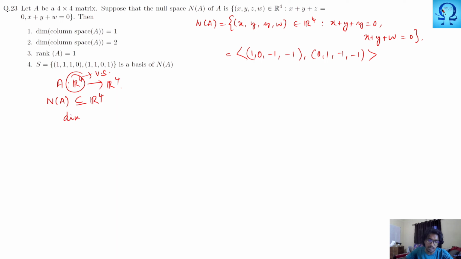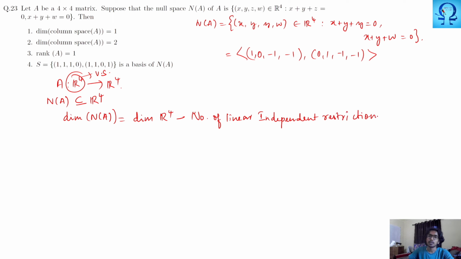Now we are interested in the dimension of null space of A. This is dimension of R4 minus number of linear independent restrictions, right? So how many linear independent restrictions are imposed here? Two linear restrictions are imposed. Therefore 4 minus 2, which is 2.